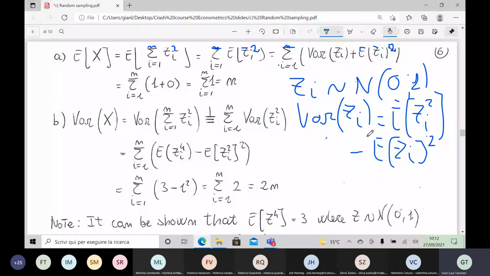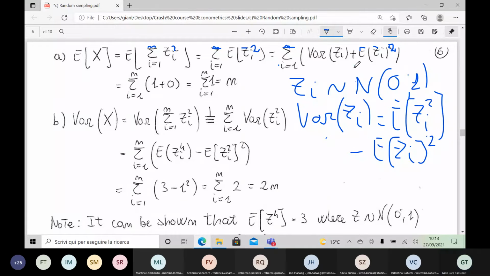What you get is the variance of theta i plus the expectation of theta i squared, which is equal to the expectation of theta i raised to the power 2. So the expectation of theta i raised to the power 2 is the variance of theta i plus, because you have to change sign when you move it, the expectation of theta i, squared. Exactly as I did here.